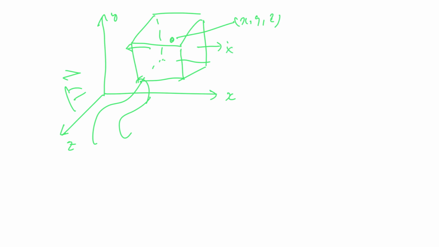This is minus x. Say this is 1, this is 6. This point is x minus delta x over 2, y, z. This point is x plus delta x over 2, y, z.